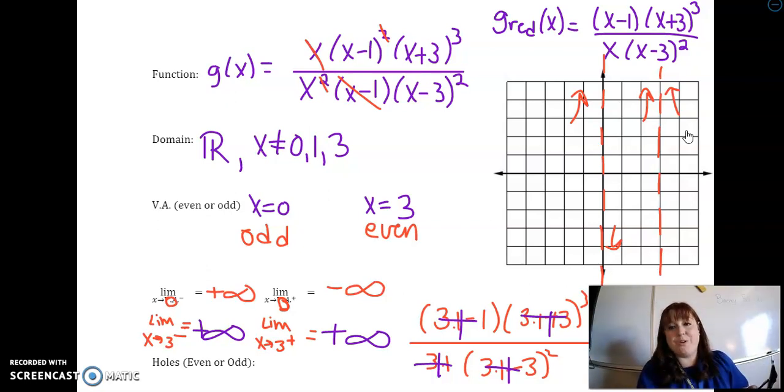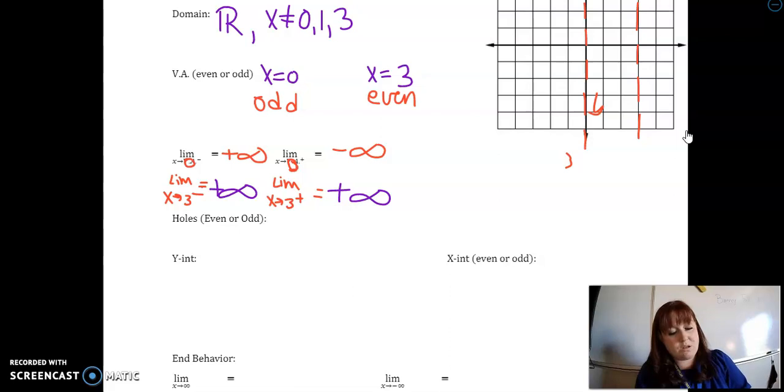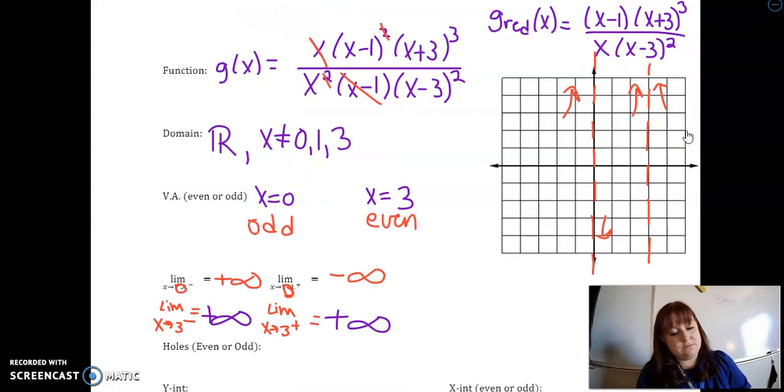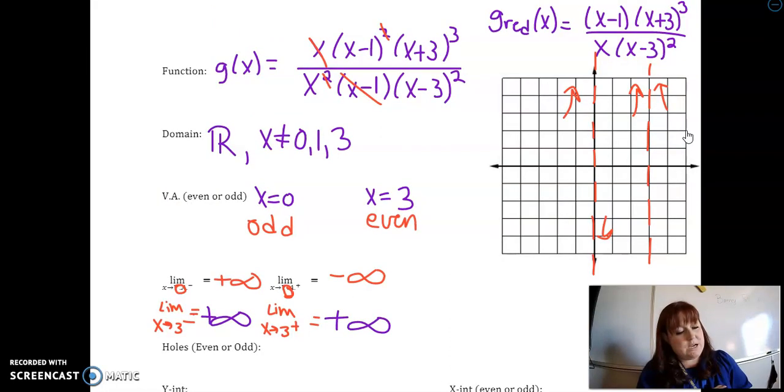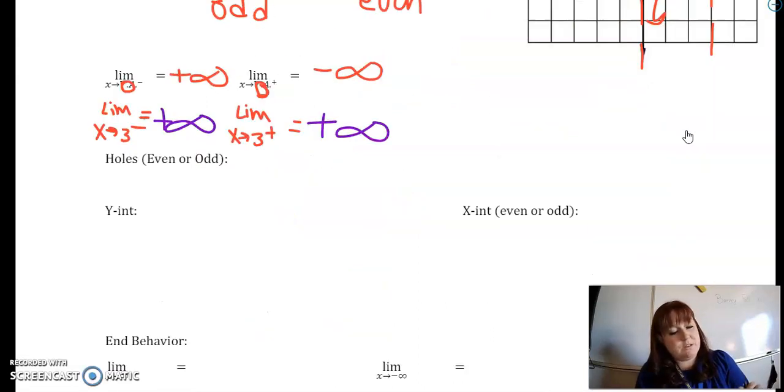Now we go to the next one, the hole. All right, so we know we had a hole at positive 1, when x equals 1. Now what's the other coordinate of that hole?